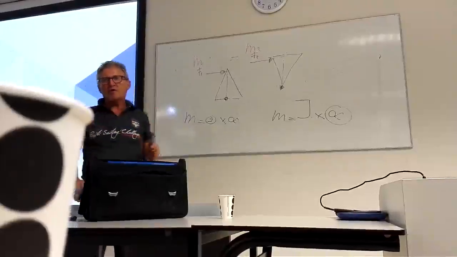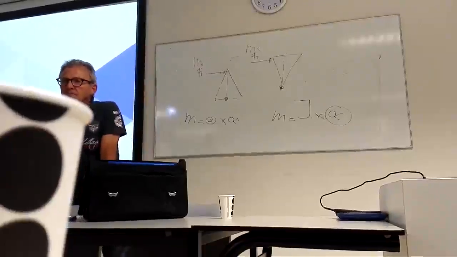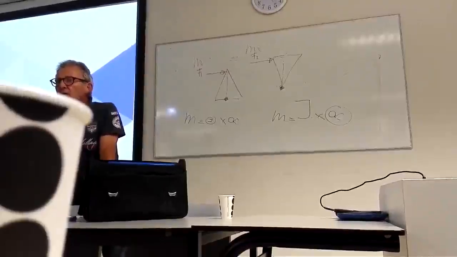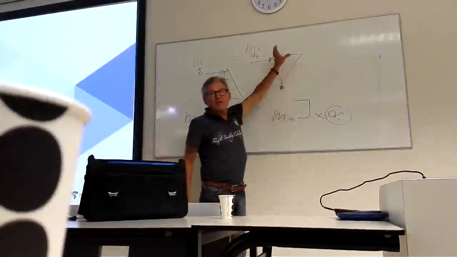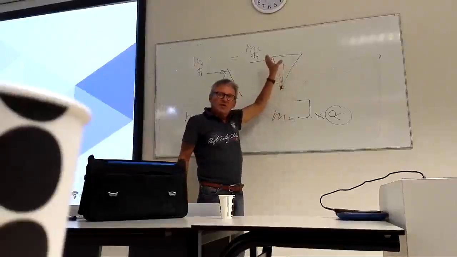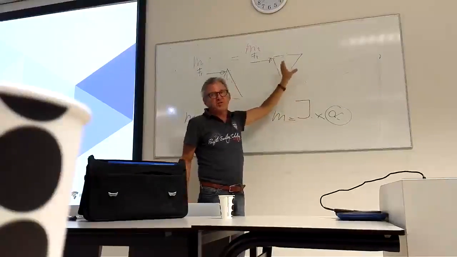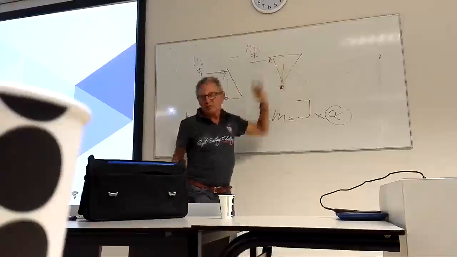I will give some examples. Is it also right to say that the further the particles from the axis, the bigger the inertia? Can you relate it immediately to the inertia? The further the particles from the axis, the bigger the resistance to movement, the moment of inertia. I will give you an example.